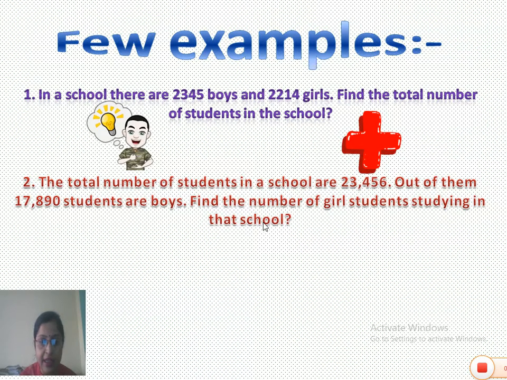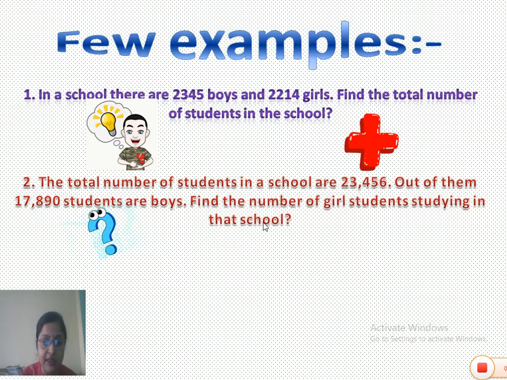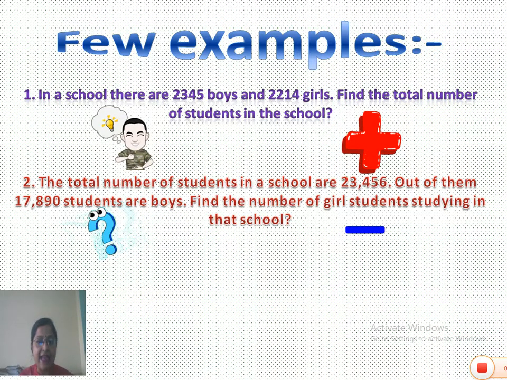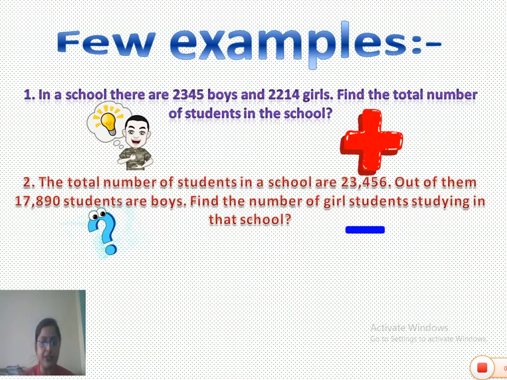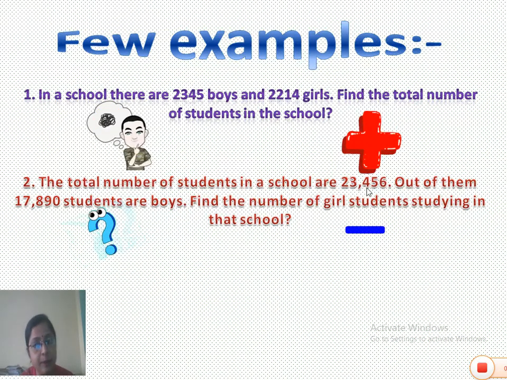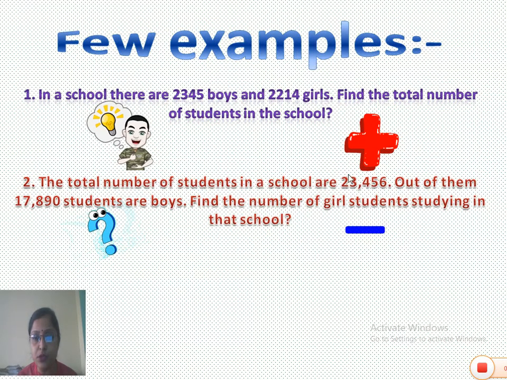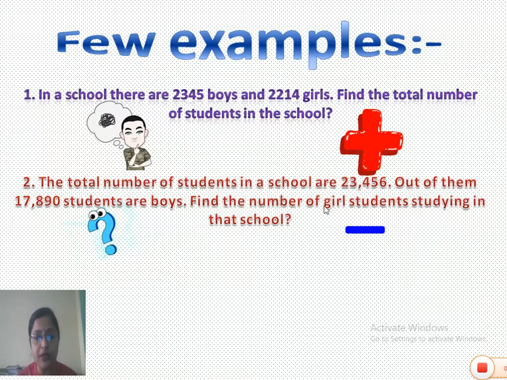Again we have to start deciding upon the action. And here the action is subtraction. And why is it so? Because here the total number of students is already given, 23,456. And out of them, 17,890 students are boys. So, if we reduce the number of boys from the total number, the remainder would be the number of girl students in the school.